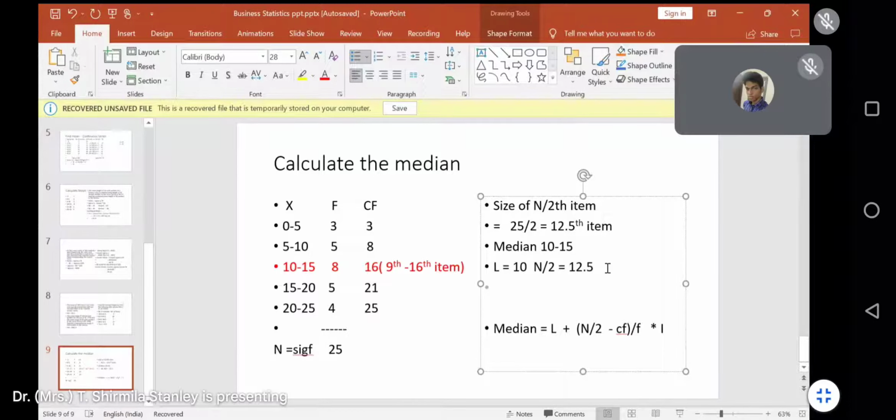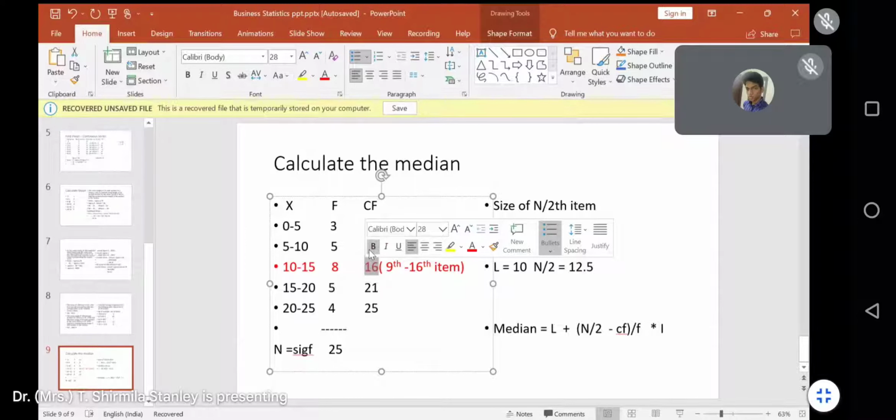But we have to be very clear about what our F and our CF is going to be. So you forget this particular CF. The CF will be the preceding one, because here it is 10 to 15, it could lie anywhere, so we can't take this entire CF. It has to be something previous.